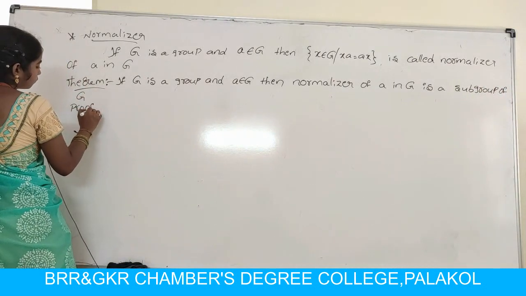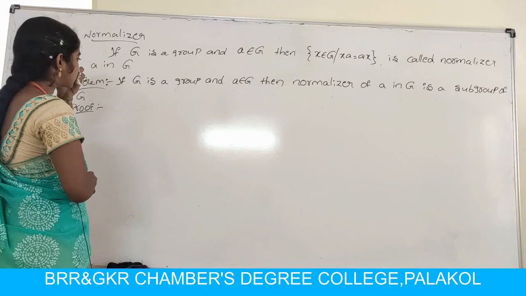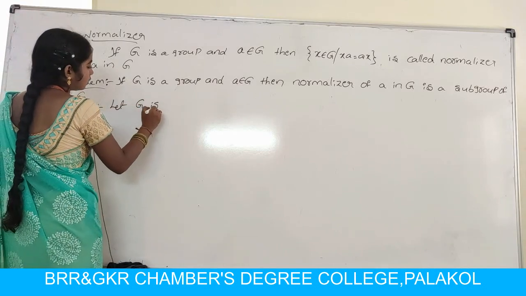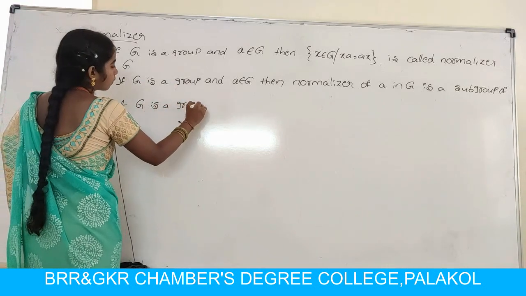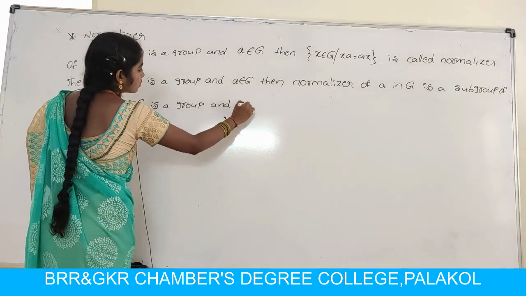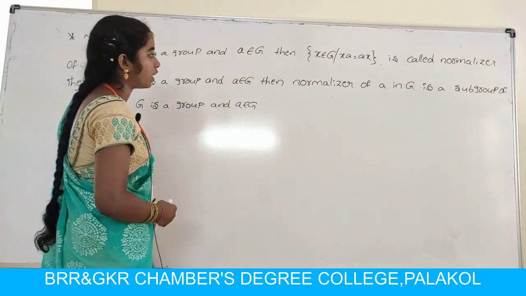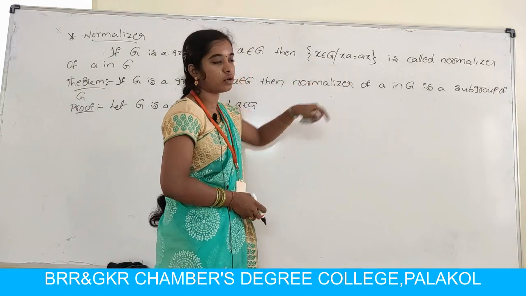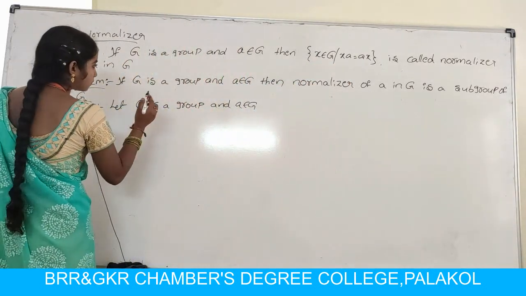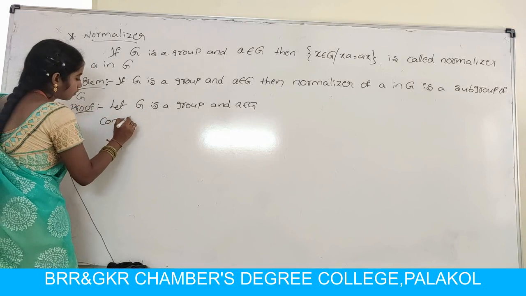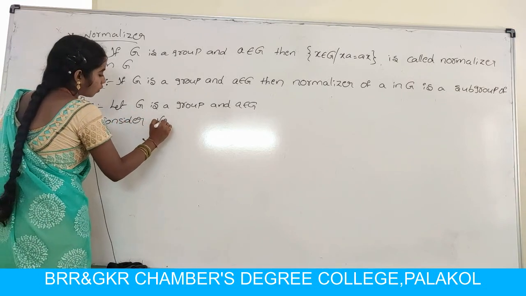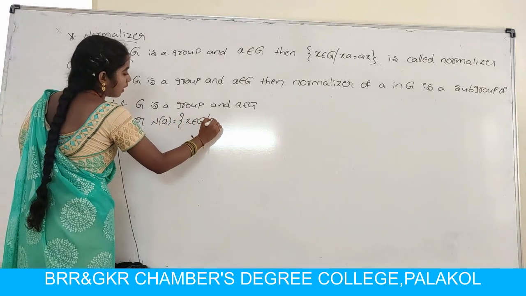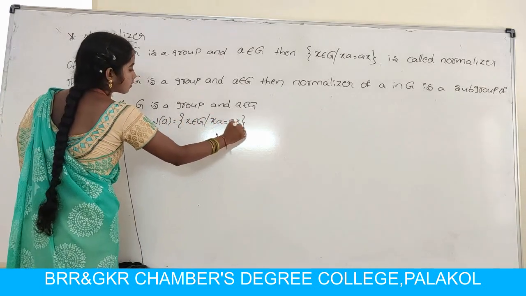Proof. First, given Z is a group and A belongs to Z. Consider N of A, which is the set of x belonging to Z such that xa equals ax.